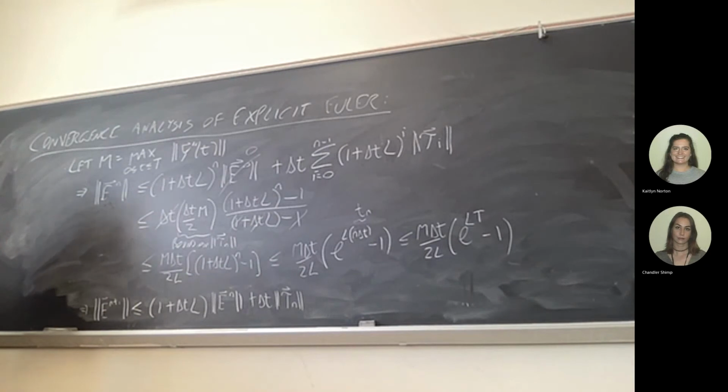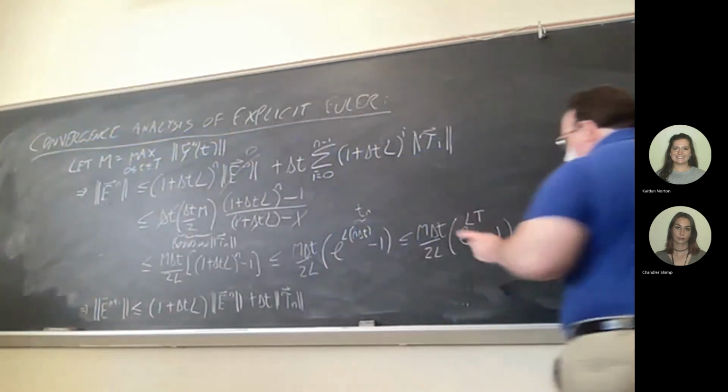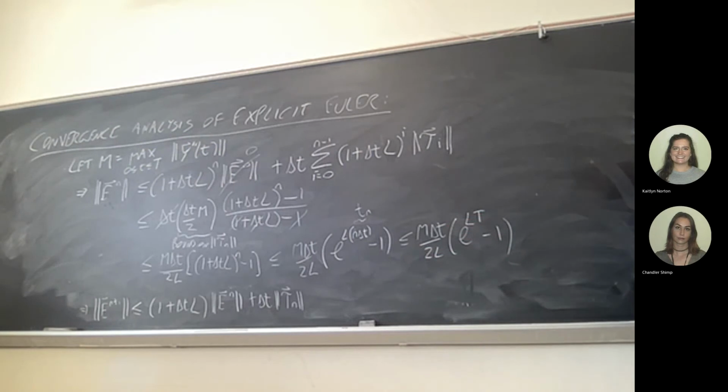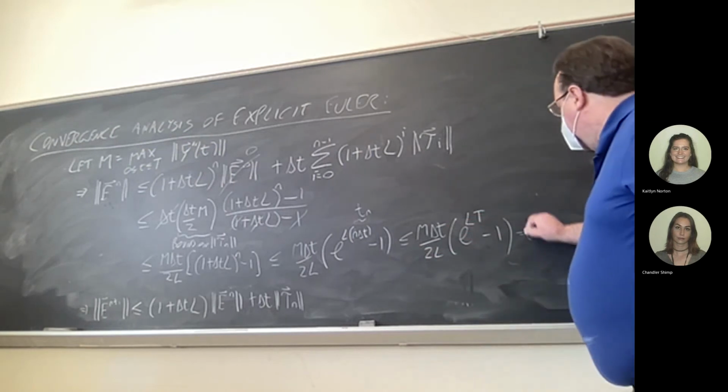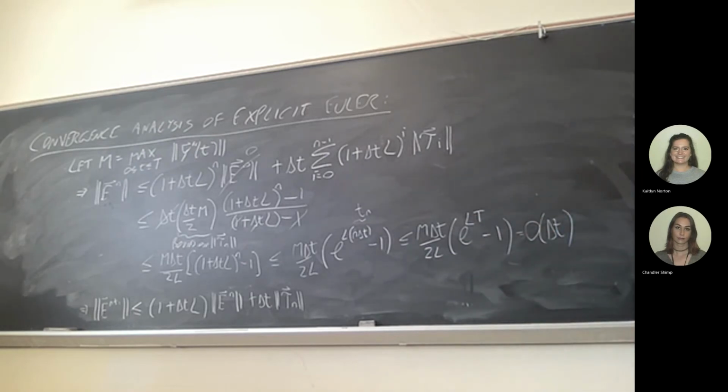It's not a sharp bound by any means, at whatever time in our temporal domain. And the key thing here is this factor of ΔT. Now we see that this is big O of ΔT. So as ΔT goes to 0, the error, the difference between the exact solution and computed solution at any time T in our time domain, is going to 0.